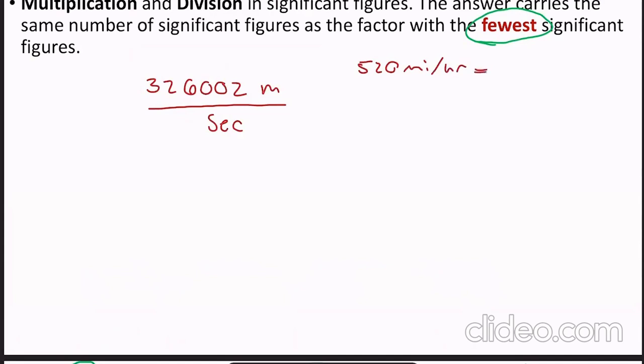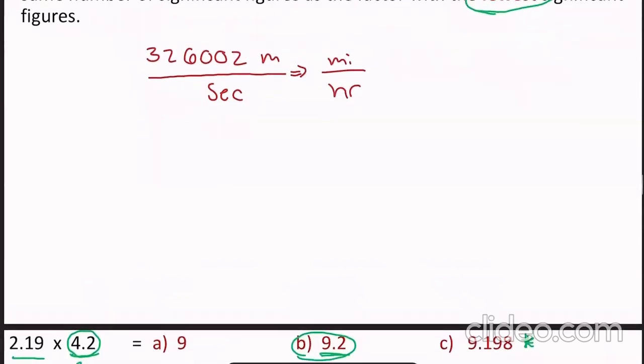Convert this into a proper fraction so that you can see the units, miles over hours. Don't use that little slash mark there. All right, so let's convert that into miles per hour.